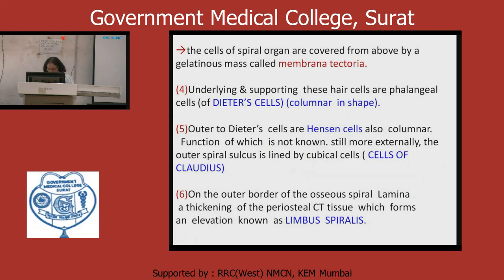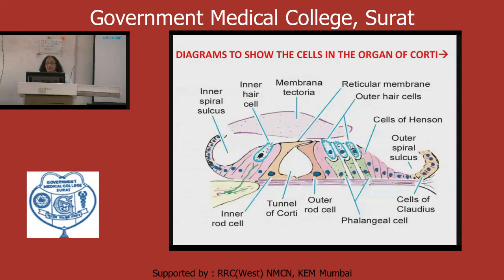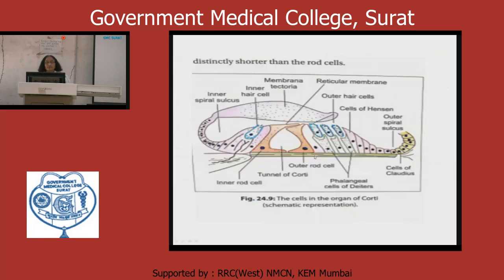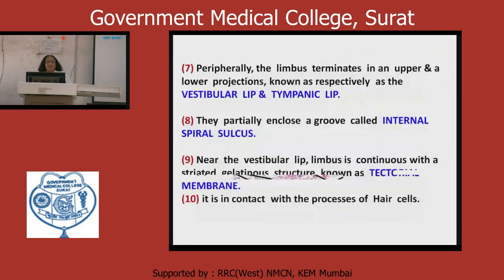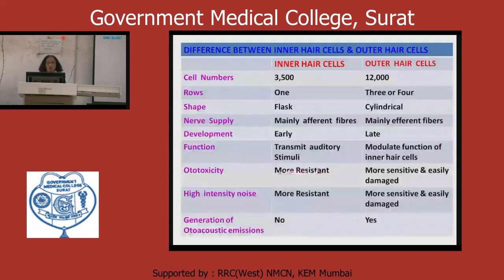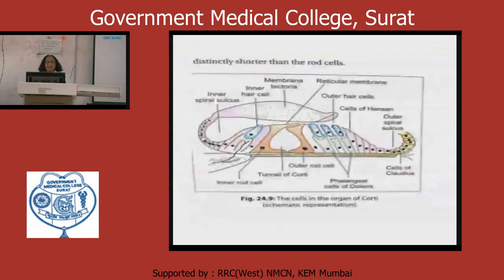Now here is the figure showing the organ of Corti. This is the membrana tectoria. Peripherally, we have discussed the internal spiral sulcus and the tectorial membrane. All these are the cells you can see in the given diagram.